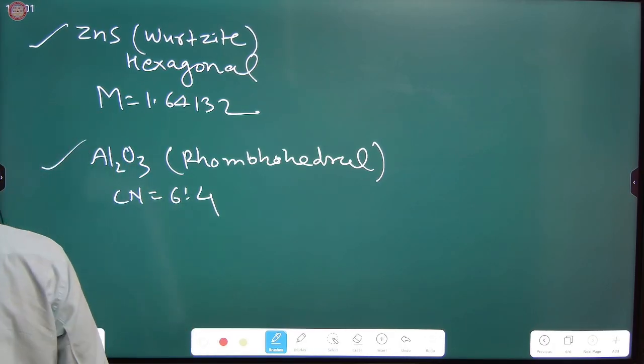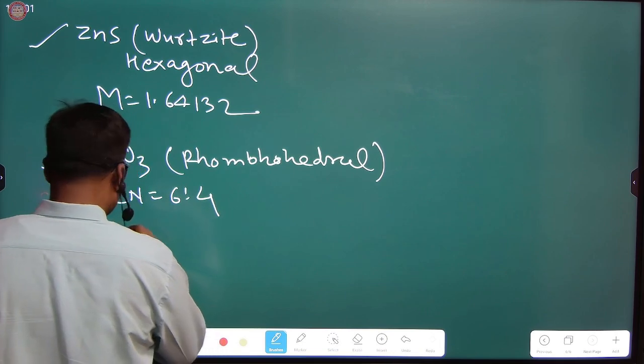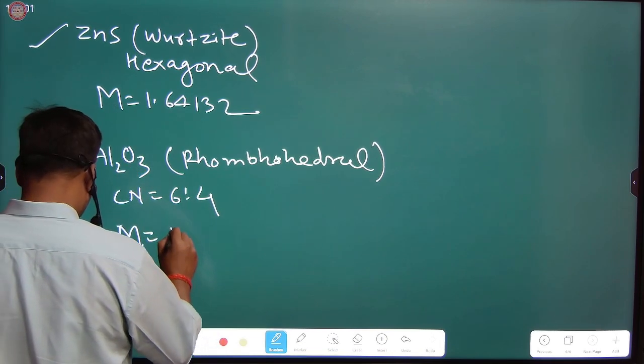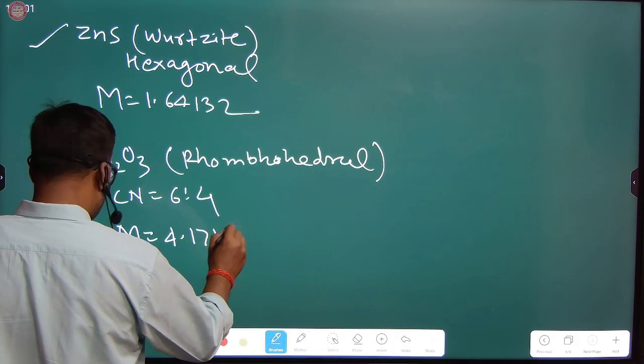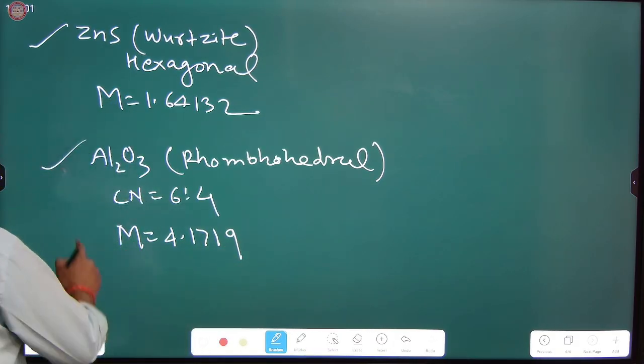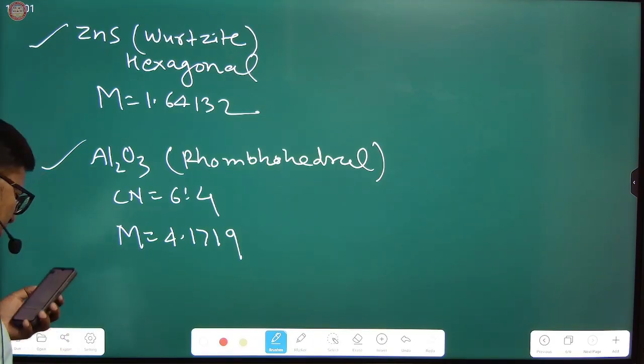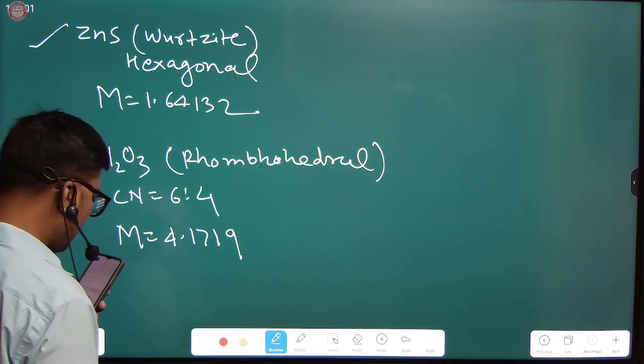Okay, and the Madelung constant M is equal to 4.1719. So alumina has the highest Madelung constant in the examples, right?